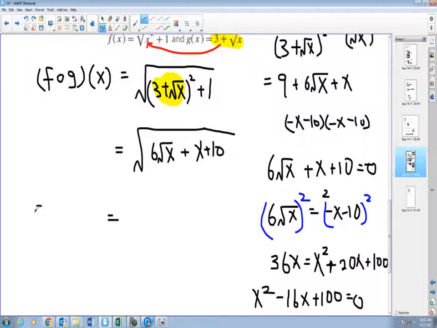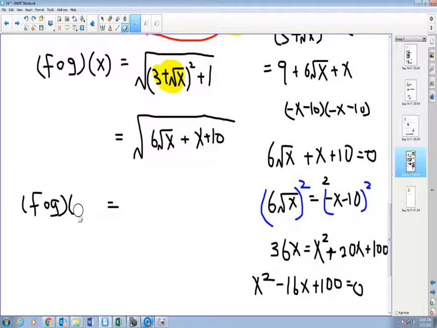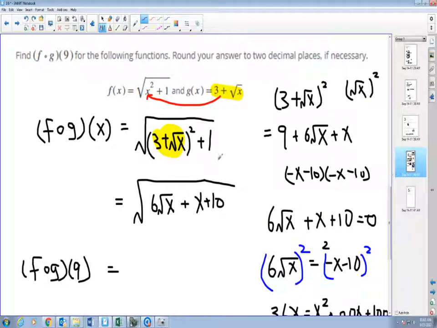Alright, let's evaluate, and I'm going to graph it. Evaluate 9. And here's a little trick. The one you graph is the one that you first set up, when you first write this thing out, before you simplify it.